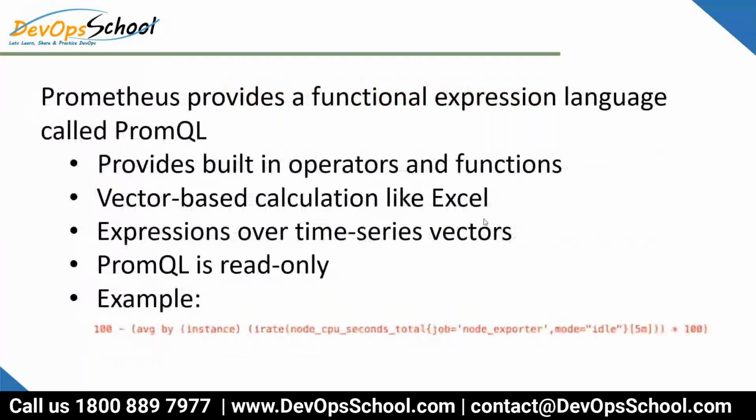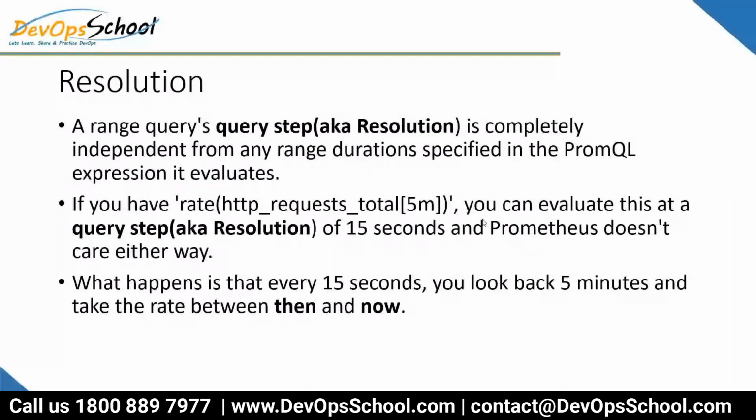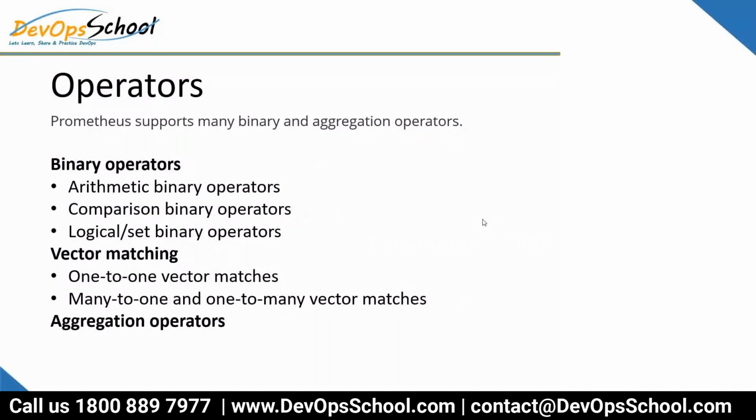Yes, Prometheus provides a functional expression language called PromQL, with built-in operators and functions. Operators mean minus, plus, multiplication, all this thing, you understand that, right? Greater than, equal to, less than, all this thing. The operators which we have: arithmetic operators, comparison, logical, vector matching, and also aggregate operators.